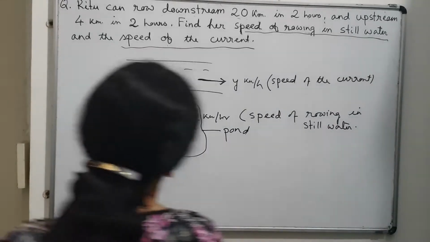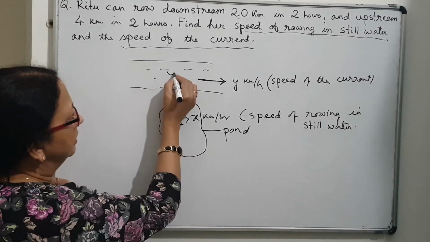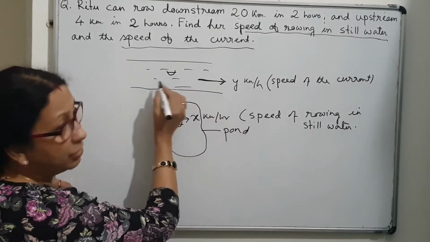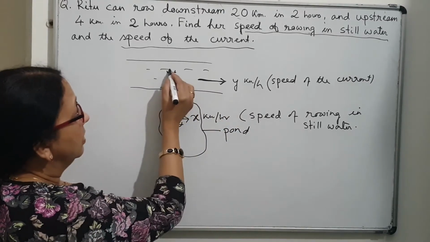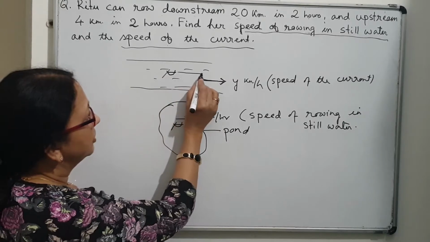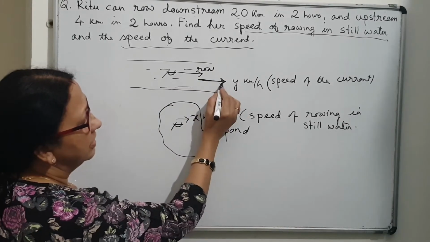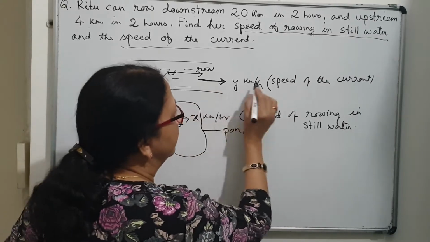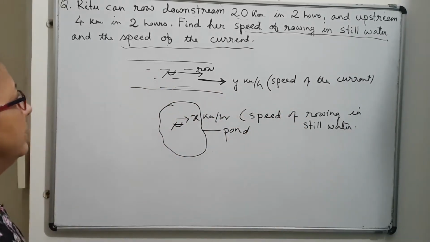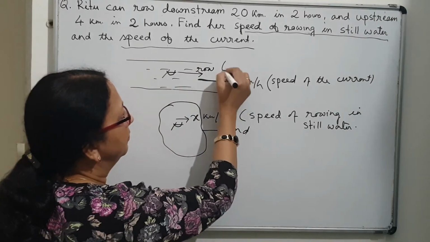Now if the person starts rowing in a river where the water is not standstill, and rows the boat in the same direction as the current of the water, then we say the person is going downstream.